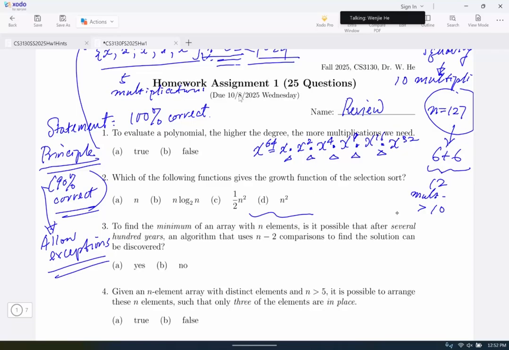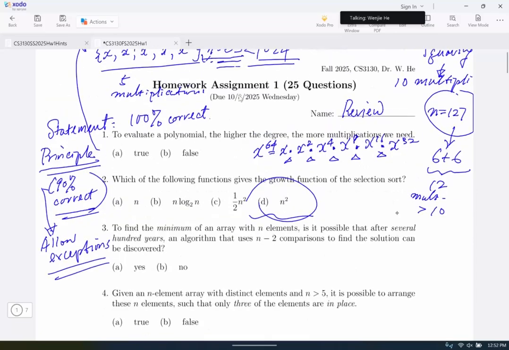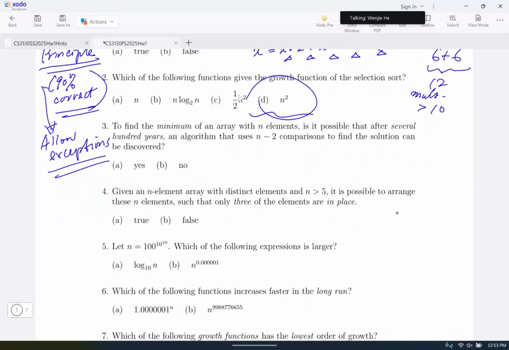Oh, the correct answer for number 2 is D. Number 3, if I do not say anything, it's because it's in my solution file, so I skip. But if you want me to explain, I can explain. If you want me to give further explanation, I can say a little more.